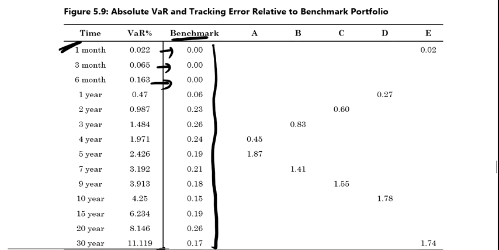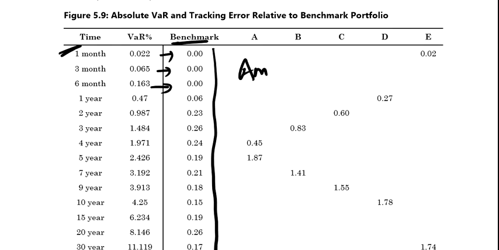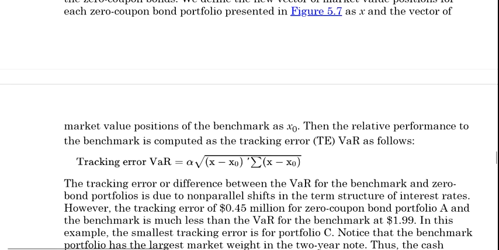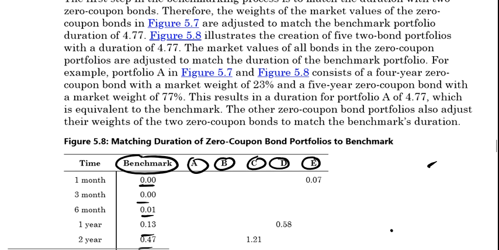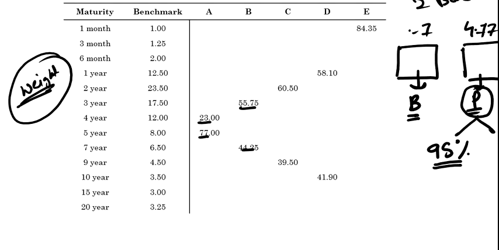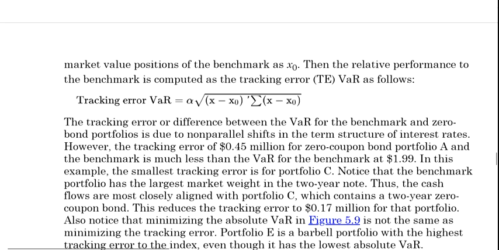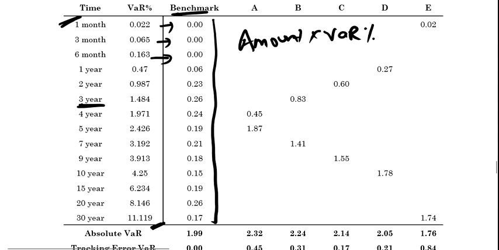Now see what we used to do. We used to take the amount invested, which is multiplied with the VAR percentage to find out the VAR. Now what is the amount invested in the 3-year bond in the benchmark? If you see in the benchmark, the investment in the 3-year bond is 17.50.